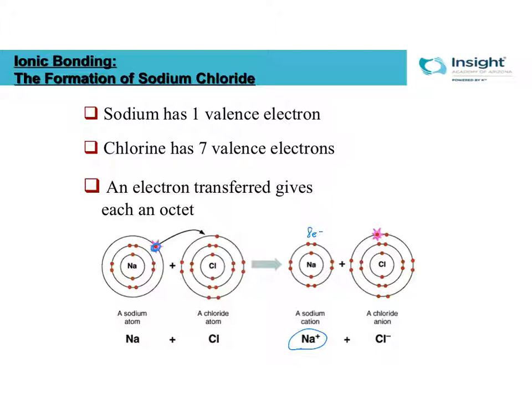Then chlorine, which has 7 valence electrons when it starts, is going to take that electron, and now chlorine has 8 electrons in its outer ring. Then you've got sodium +1, chlorine -1. Those positive and negative charges attract each other, and an ionic bond forms.